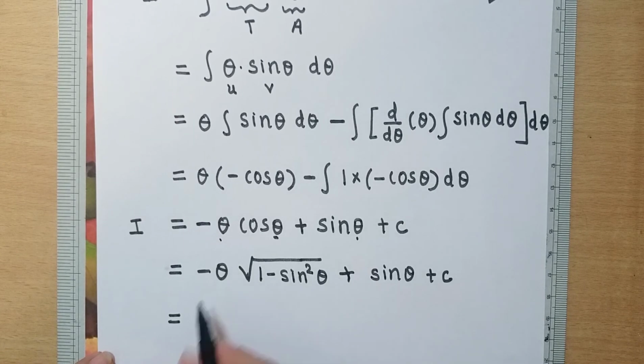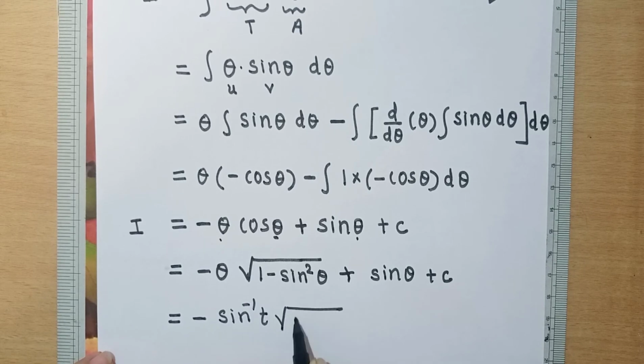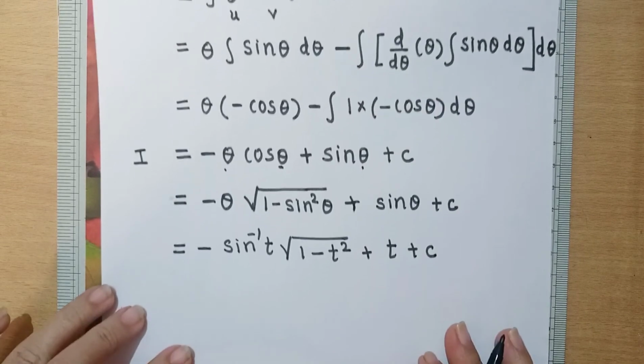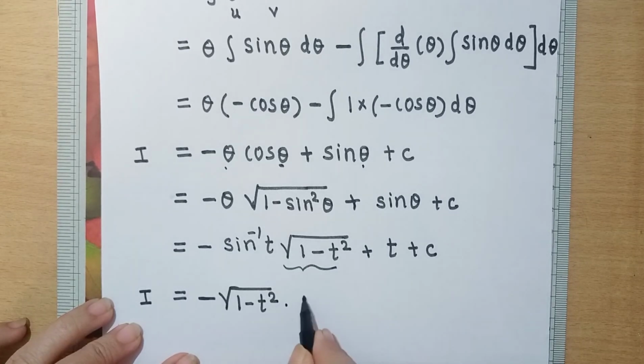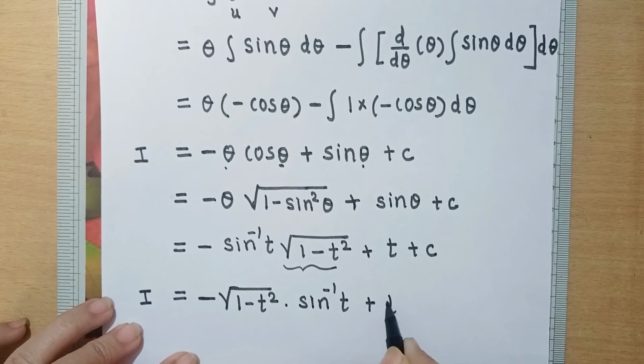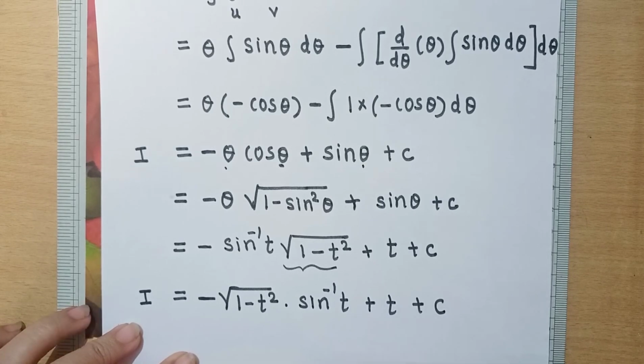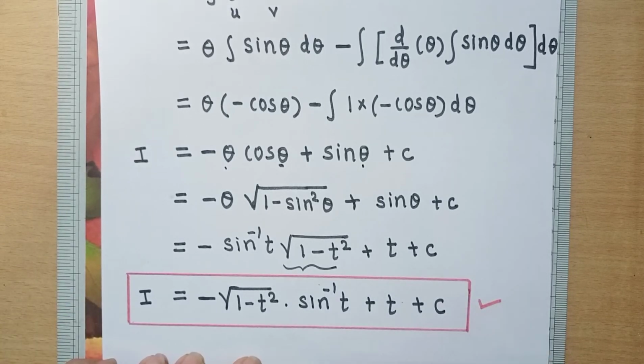So again substitute here, theta means sine inverse of t, then under root 1 minus sine theta is t, so here t square, again simply t and plus c, and again in the last step we will write this term here in the first place, and then sine inverse of t, then plus t plus c is the final answer.